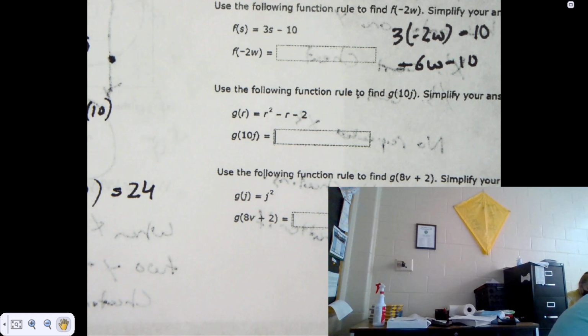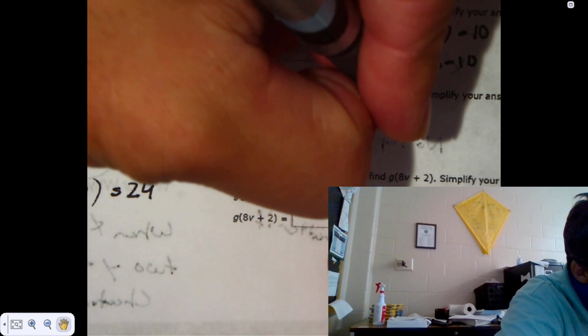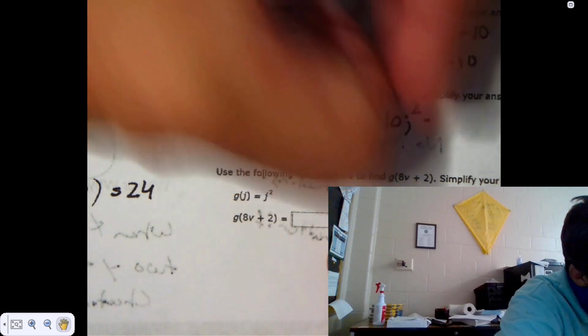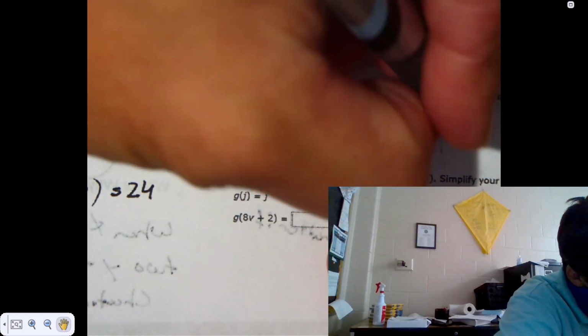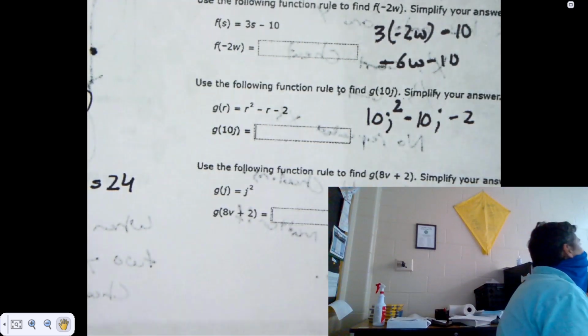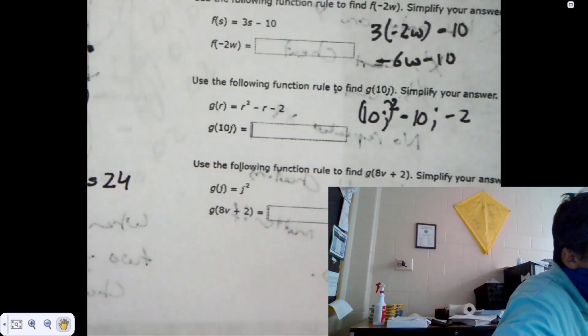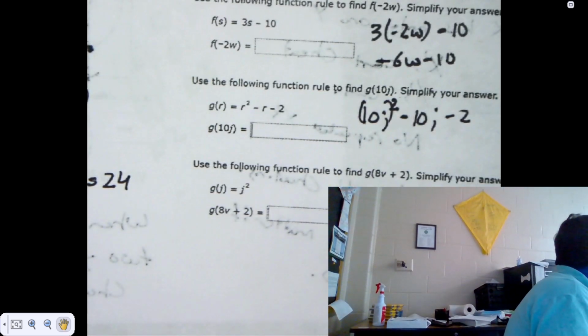All right. In this example, what's that R going to become? 10J. Everywhere I see an R, it's a 10J. Now, I'm going to write this wrong. That's wrong. Two or more wrap.